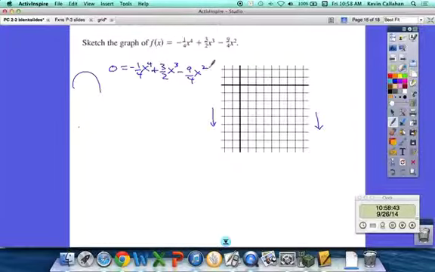So what number will I multiply by? 4, right? The least common denominator between 2 and 4 is 4. So multiply both sides by 4. So 0 equals -x to the 4th plus 6x to the 3rd, because the 2 goes into 4 twice, so 2 times 3 is 6. And then minus 9x squared.